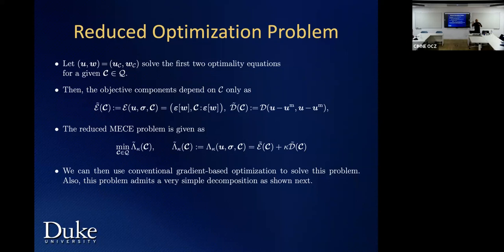So those u_C, ω_C, w_C are fields that satisfy the forward and adjoint problems. Once I have that, then I can cast the objective of the problem just in terms of C, because that's the only thing I don't know. Given a C, I postulate u and w as functions of C. And then I can just minimize that reduced objective.